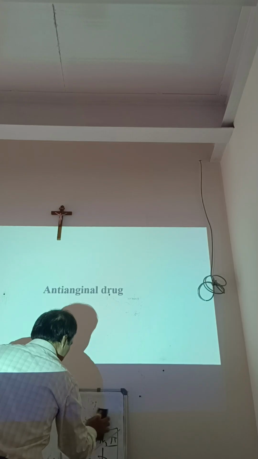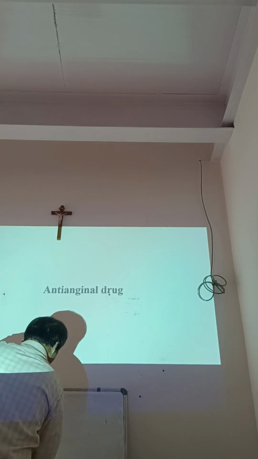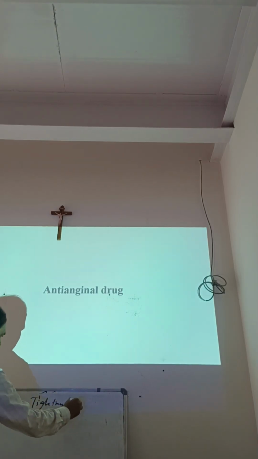Anti-anginal drugs. Have you heard a disease called angina pectoris? Anybody? Not heard? See, angina. We have two words here: angina, pectoris. Angina means a kind of tightness in the chest region.